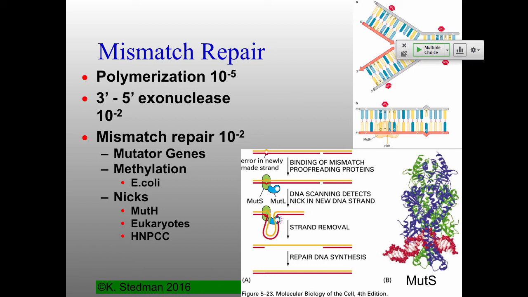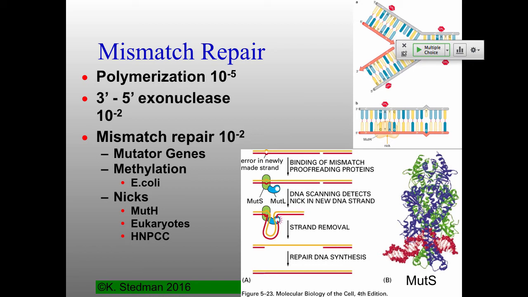Turns out that there's this wonderful repair mechanism right after replication, which is why we're covering it now rather than when we talk about DNA repair a little later on. It's called mismatch repair. Basically, it's another quality control system which says, hey, the wrong base got put in here.